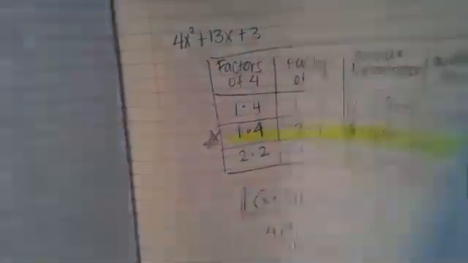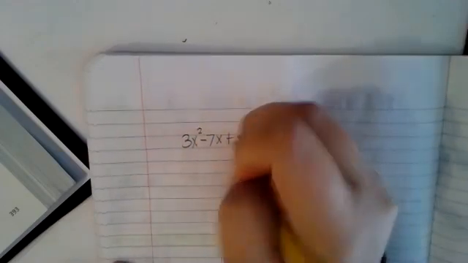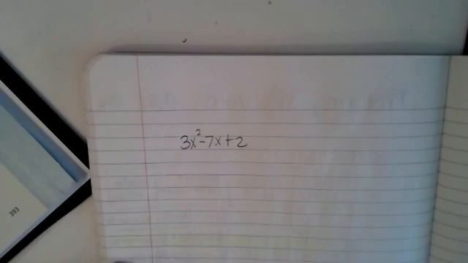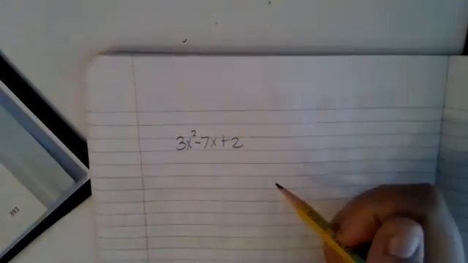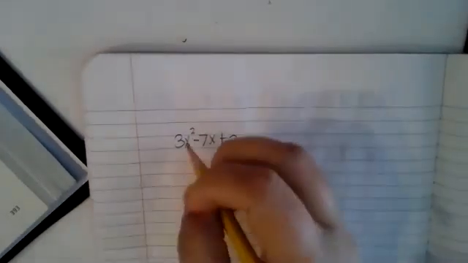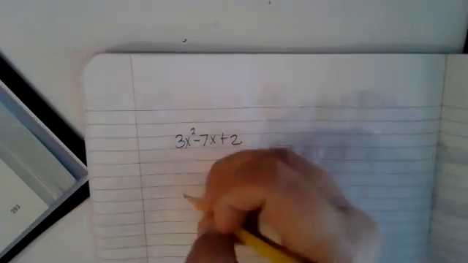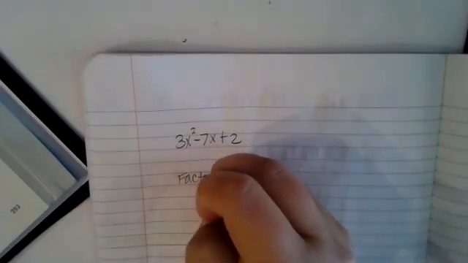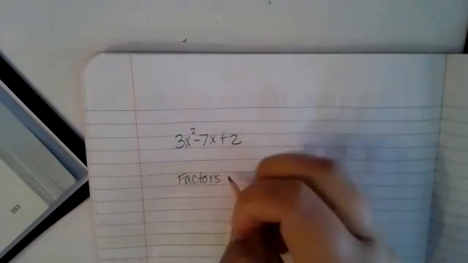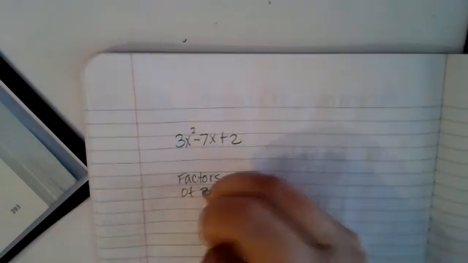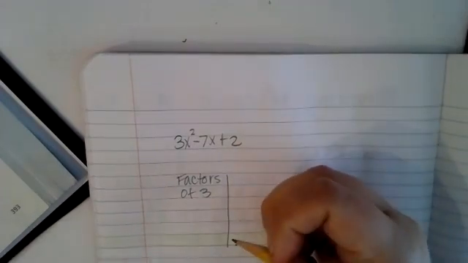Okay, here is my next example. This one here is going to be 3x squared minus 7x plus 2. So again, we're taking this leading coefficient and finding the factors of 3. Leading coefficient factors.